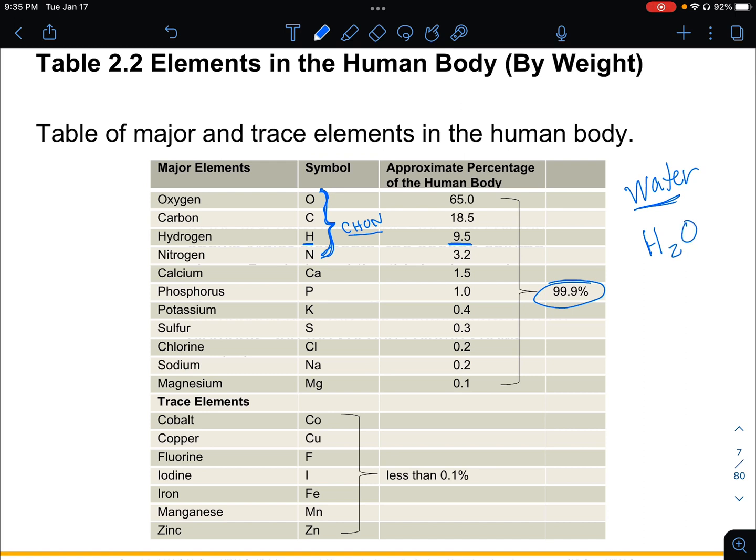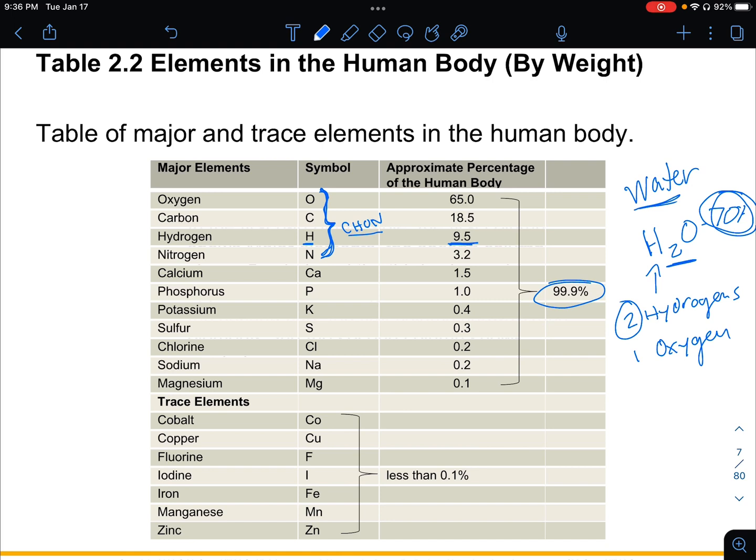So if we have about 70% water, and the chemical formula for water has 2 hydrogens and only 1 oxygen, each molecule of water has literally double the amount of hydrogens than there is oxygen. So then why is hydrogen only 9.5% when we know water makes up about 70% of our body?